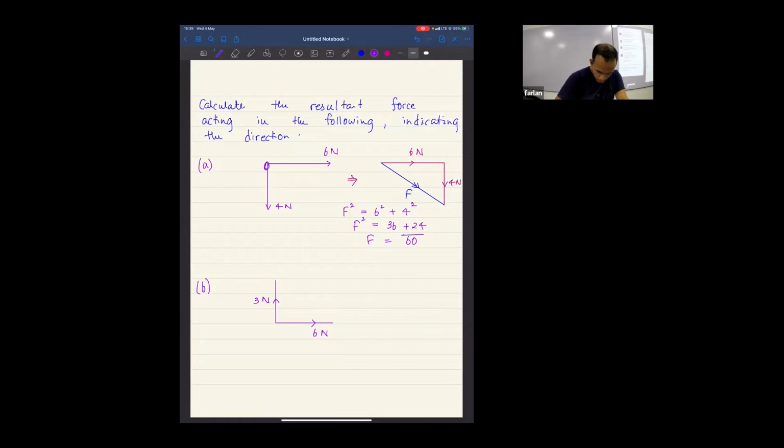So F is equal to square root of 60. Oh, sorry, my bad, 4 square is 16. F square is equal to 36 plus 16, which is 52. So F is equal to square root of 52, which is 7.21 newtons. That is the result.